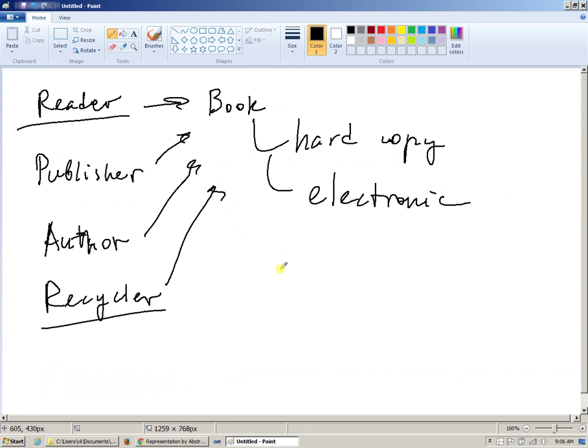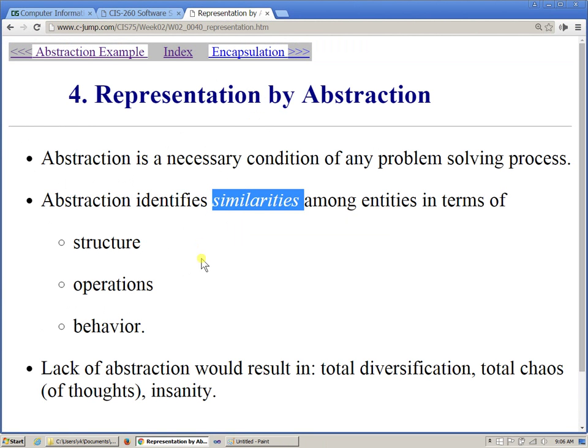Again, look at this, right? So we have a book which is a more abstract term than a hard copy of the book or an electronic book, right? So these are much more specific types of books compared to the book which is abstract, which could in some situations represent both, right?